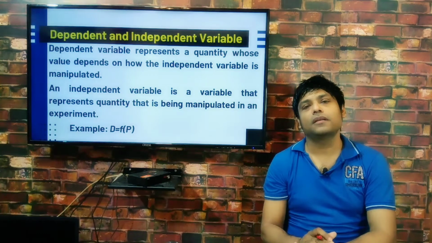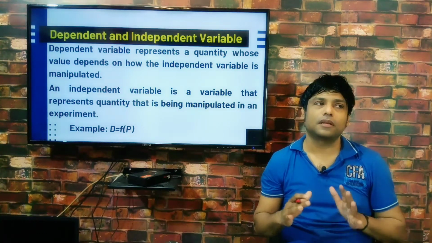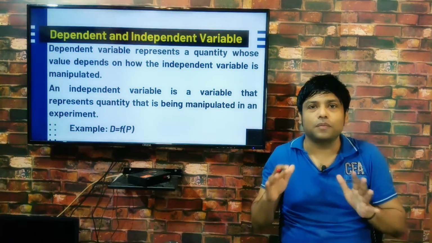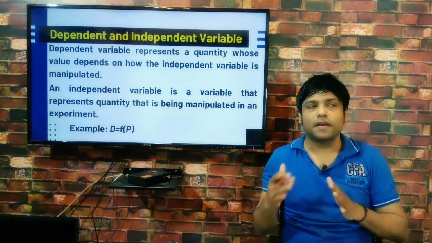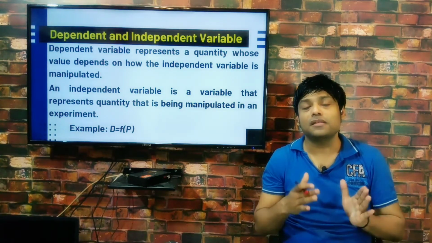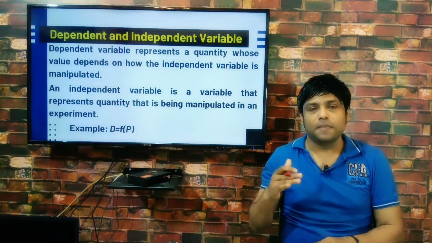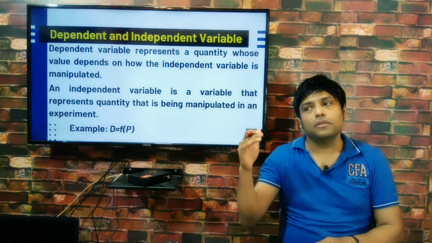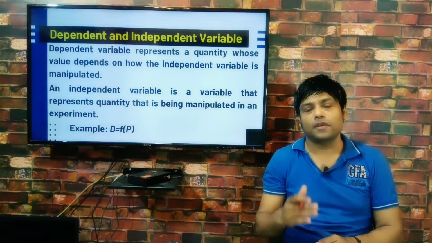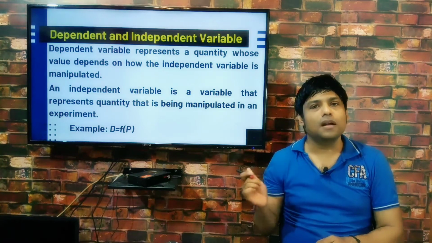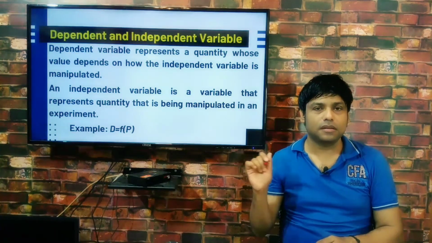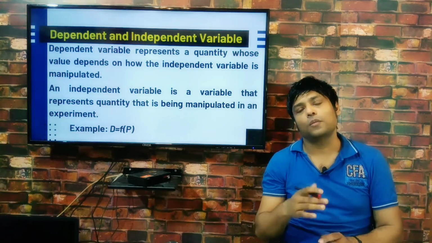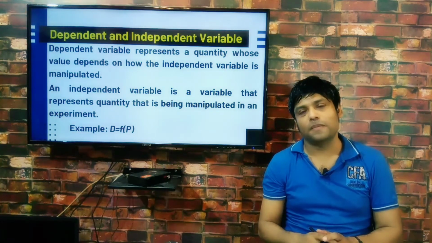For example, demand varies inversely with price, if other things remain the same. In this case, demand depends upon the price of a commodity. Therefore, the former is the dependent variable while the latter is the independent variable.